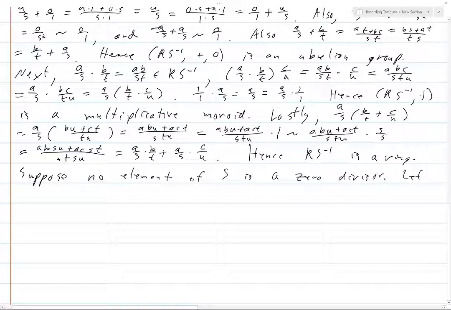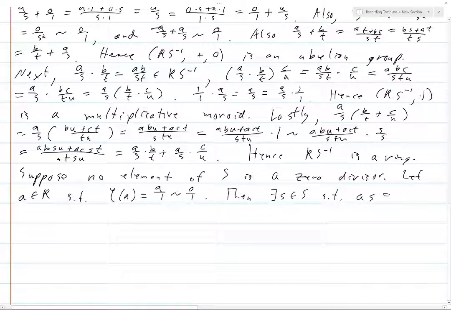Now let A be an element of R such that phi of A, which is A over 1, is equivalent to 0 over 1. Then there exists some S in S such that, by definition, AS equals 0.